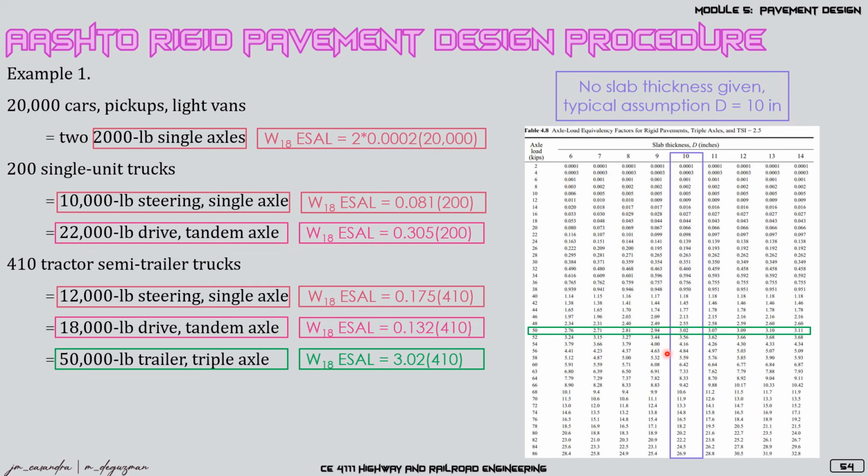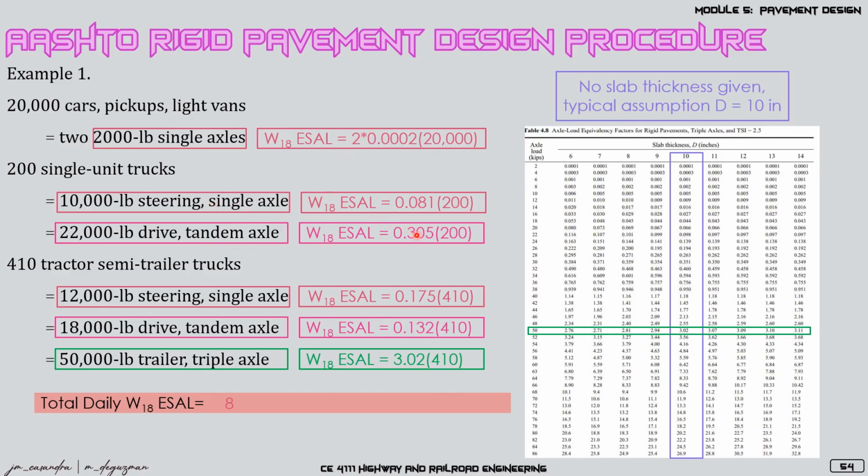Then to solve now for the total daily traffic in terms of W18, or 18 kip axle load, we simplify: 2 times 0.002 times 20,000 will give us 8.